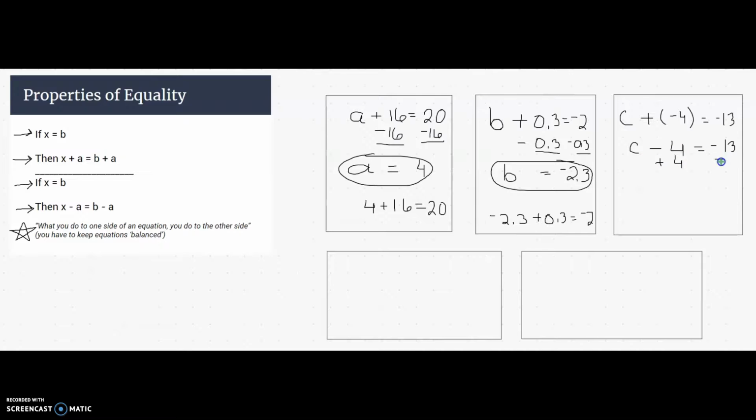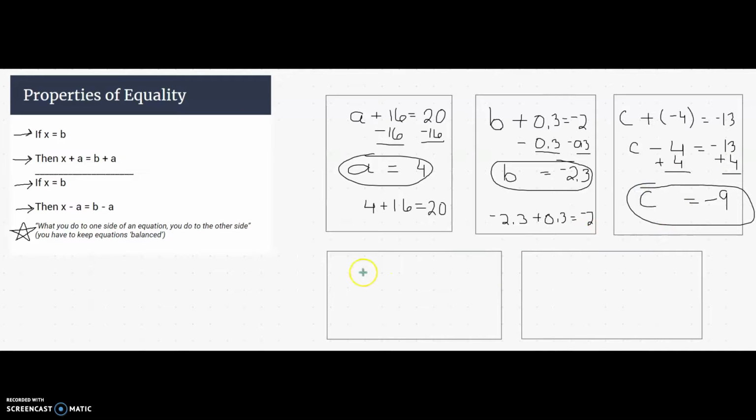And notice, to keep the equation balanced, to apply the properties of equality, do it to both sides. c is equal to whatever negative 13 plus 4 is. Well, signs are different on these integers. I subtract and get a 9, and I know it's negative because negative 13 is farther from 0, so we keep that quantity's sign. c is negative 9.